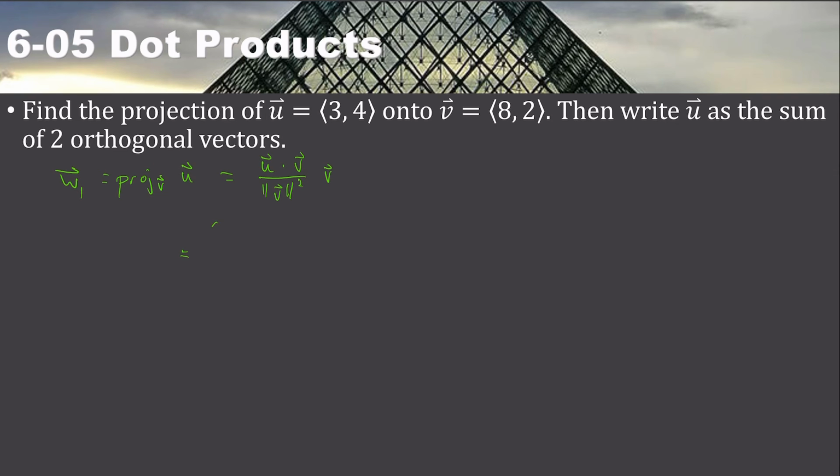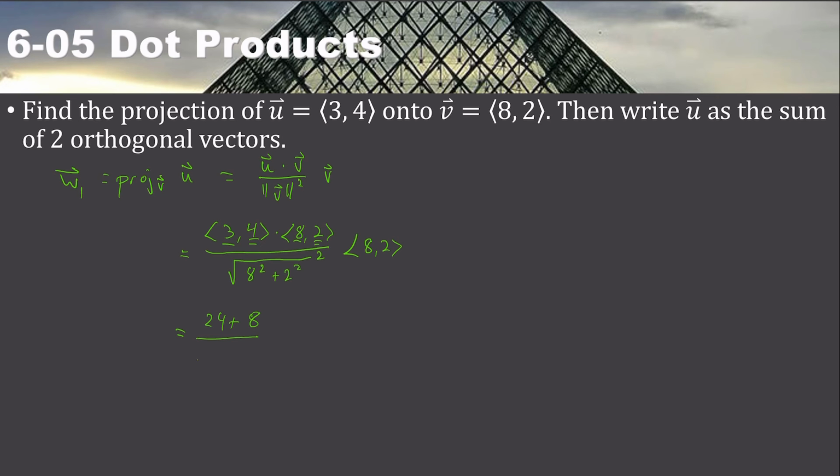All right, so our dot product over the magnitude of v, so that's squared times v. All right, for the dot product, I've got 3 times 8, which is 24, plus 4 times 2, which is 8.